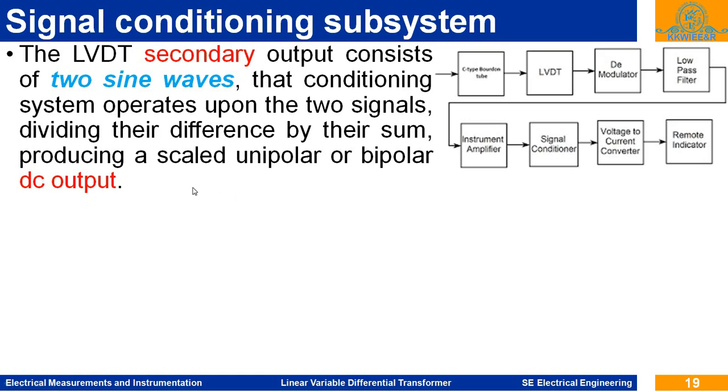Depending on the application, if your core movement is only in one direction, moving from the null position upward and from upward back to the null position, we get the unipolar output. But if it moves in the opposite direction of the null position, we get the negative output. So this is unipolar and bipolar DC output.